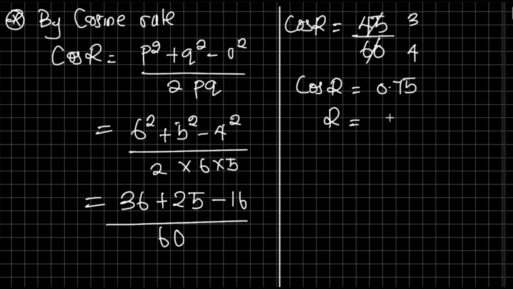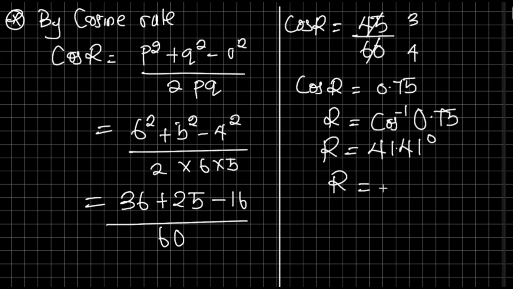So R equals cos inverse of 0.75, which is 41.41. Therefore R equals 41 degrees approximately.